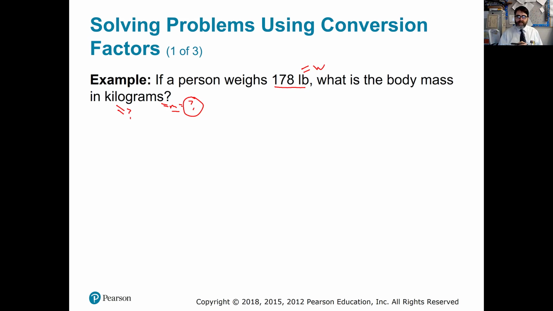From there, if you're given multiple numbers, you may have to decide which numbers you're starting on. When you're only given one number, the problem has to start with that one number. So we have 178 pounds, and we want to end up at kilograms out here somewhere. Now, it turns out that this one's only going to take one conversion factor, but I usually give myself space to write.